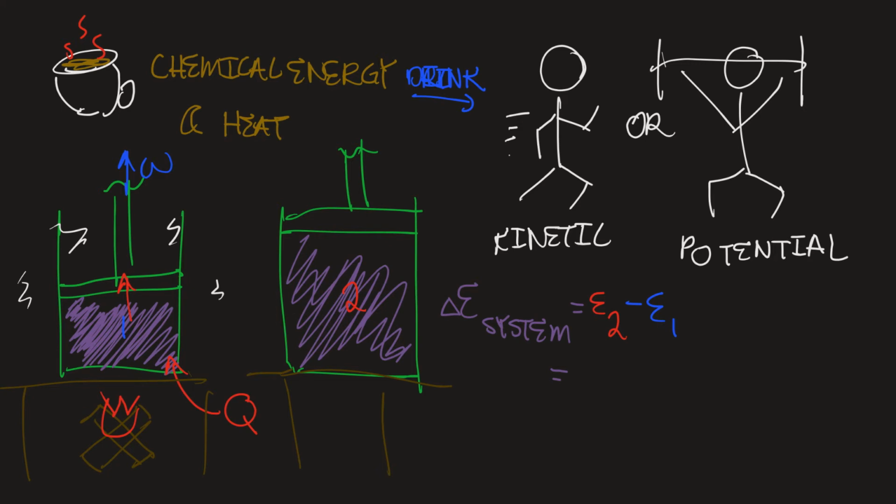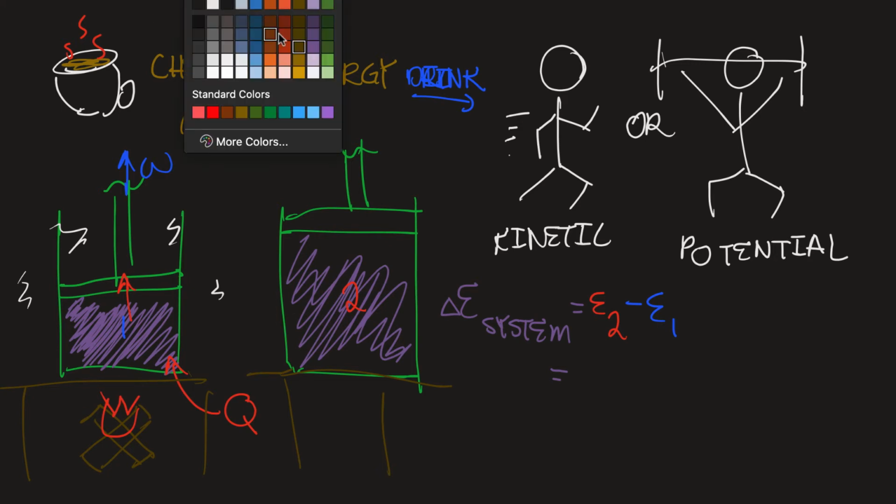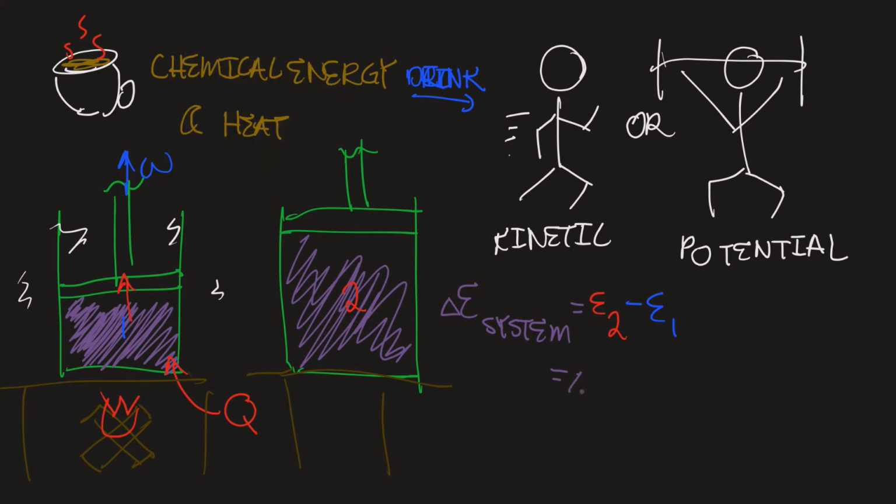So because this instance is not moving, we don't have any kinetic energy. So this is 0. We might also have a change in gravitational potential energy, but because this piston is still on that same table at the same height, the table isn't moving, the piston chambers aren't moving, so this is also about 0.